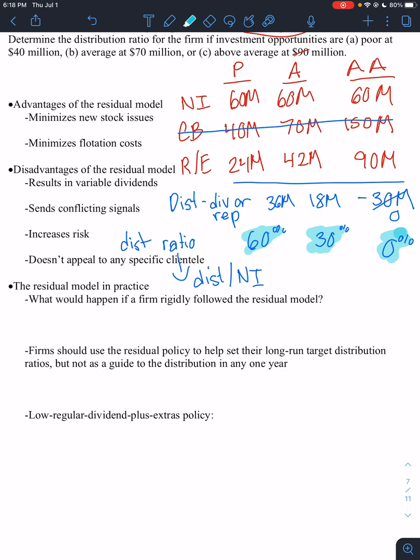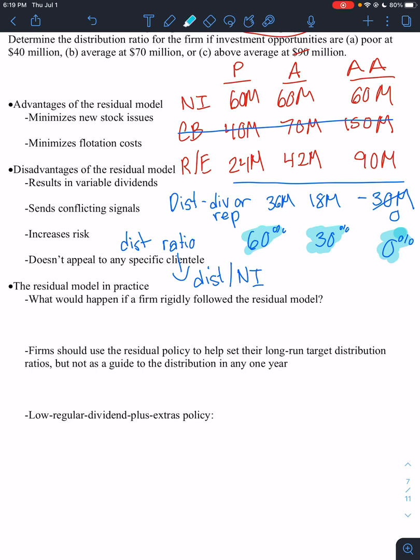I have my two sources of equity, internal and external. And if I'm able to rely on my internal sources of equity, well, then I don't have to go issue new external equity and all of the direct and indirect costs that come with that, right? So that is a good, definitely.